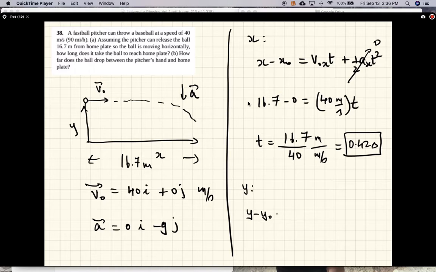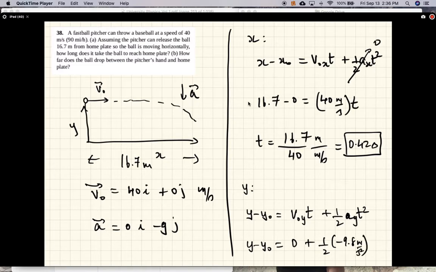So this would be v naught y t plus 1/2 a y t squared. Now v naught y is 0, initial y component is 0, so this would be 0. So y minus y naught is 0 plus 1/2 a y, where a y is minus g, which is 9.8 meters per second squared, times t squared.